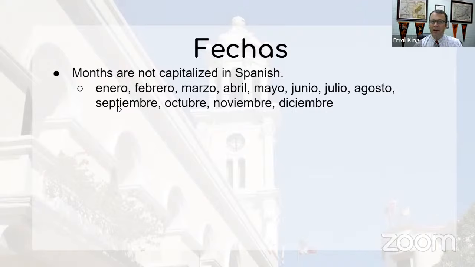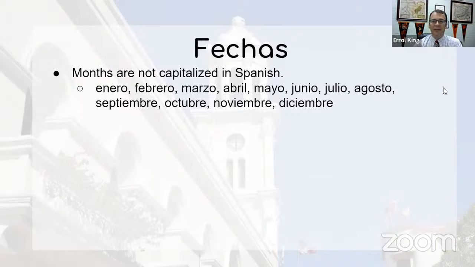Sept in septiembre means 7. Oct in octubre is 8th. Nov in noviembre is 9th. And dic in diciembre is 10th. So these should be the 7th, 8th, 9th, and 10th month of the year, just like they should be in English.